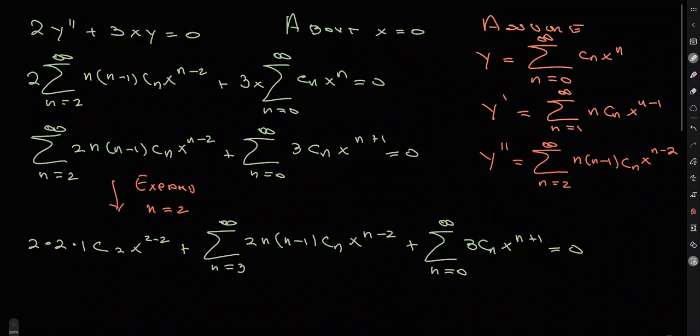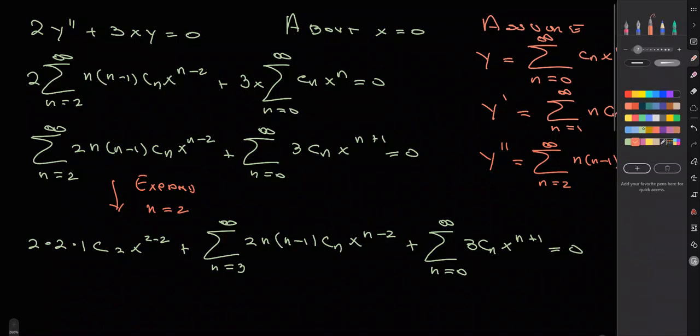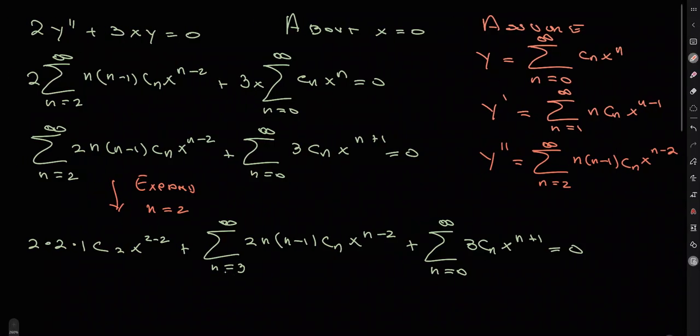Okay, so at this point, we may go ahead and perform the complete shifting of the first power series. That is, I'm going to subtract 3 from the starting index, that is, add 3 to all n's in the series. That will turn n equals 3 into n equals 0 to match the starting index of the second series, and it will also change the power of x from n minus 2 to n plus 1.